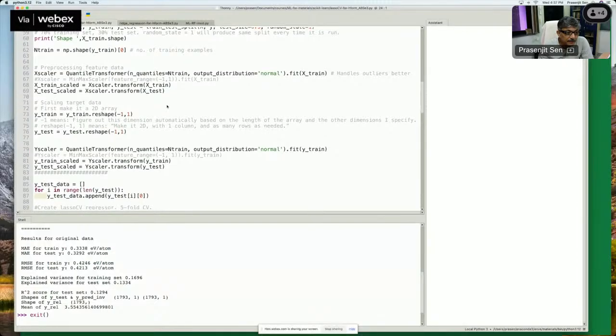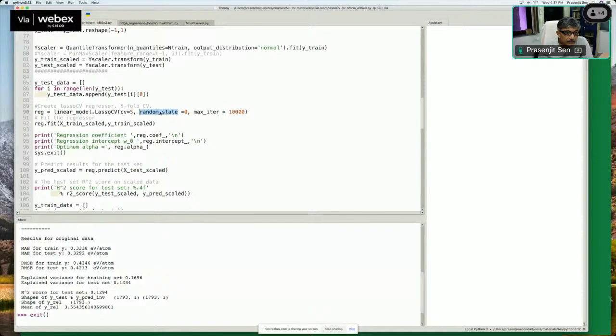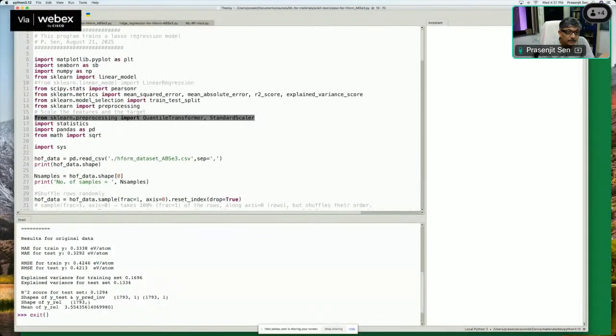The split and the scaling remain exactly the same. This is the line that is different as compared to lasso. Recall that when you had lasso, we had supplied a value of alpha. In fact, for the examples that I showed you, I'll go to that file now. I'm on a different file.